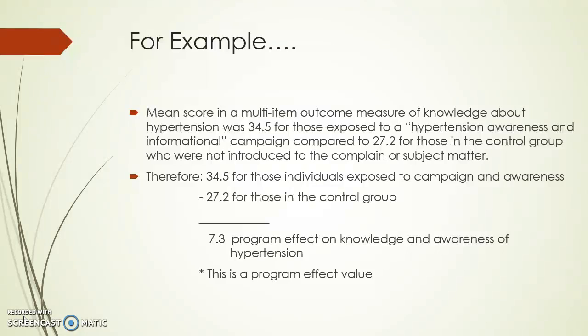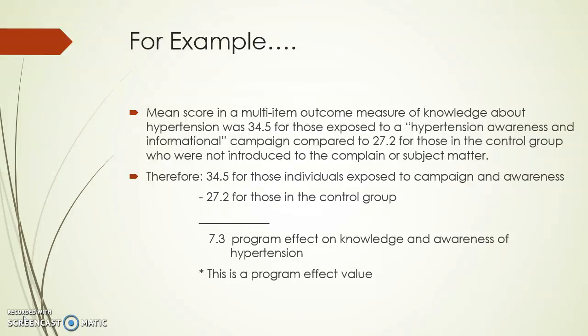For example, this was one right from Rossi Chapter 10. The mean score in a multi-item outcome measure of knowledge about hypertension was 34.5 for those exposed to a hypertension awareness and informational campaign, compared to the 27.2 of those in the control group that were not introduced to the campaign or subject matter.